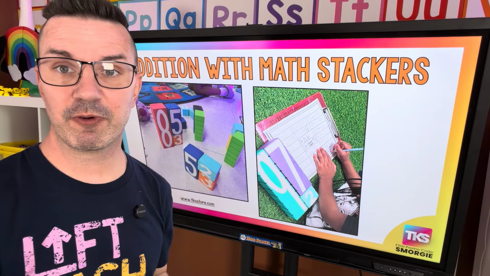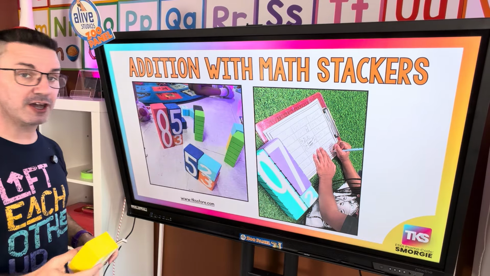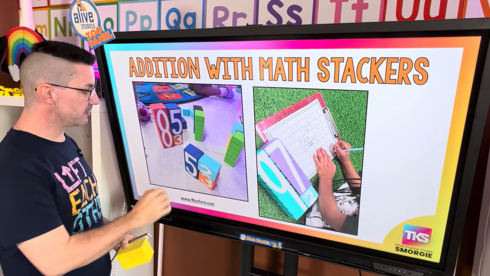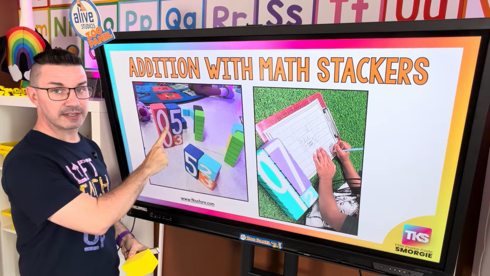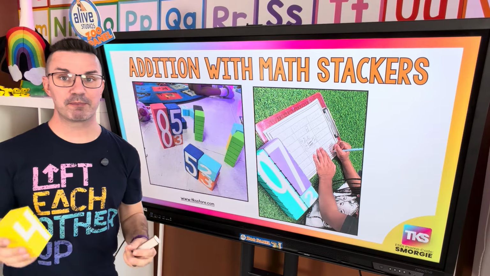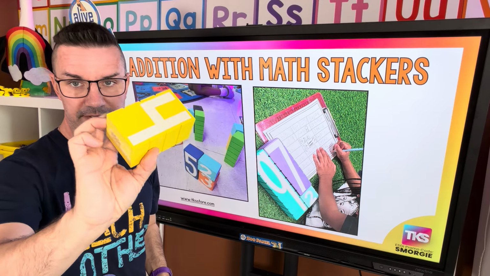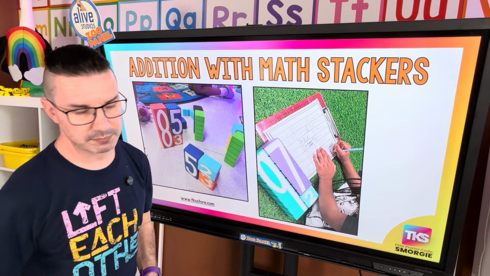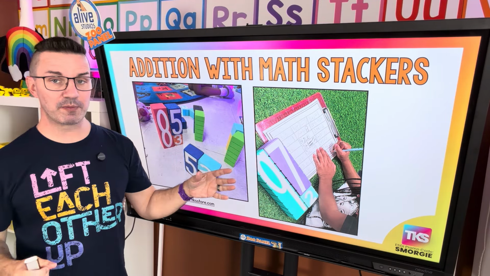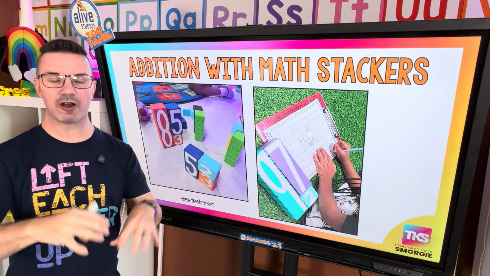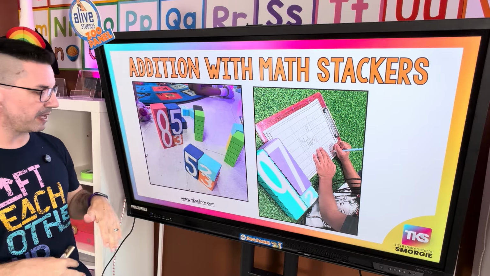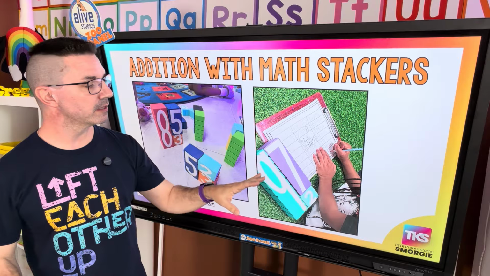So you know what these are perfect for? Addition, because they're self-checking. So when you put 5 and 3, it makes 8. So they're the perfect addition and subtraction tool. So these are called math stackers. We'll give you a link to these. So what we use them for making 10, all kinds of things, comparing numbers, missing add-ins, all the things.